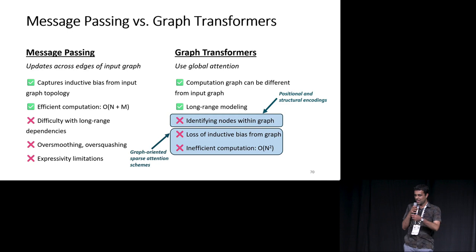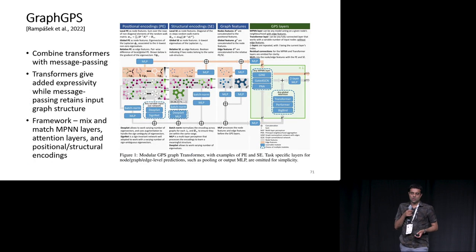These are all challenges. I should note that there are approaches that combine both message passing and graph transformers. There's this amazing work called GraphGPS from a couple of years ago that alternatingly performs message passing and attention, and they were able to get state-of-the-art performance on a number of benchmarks.